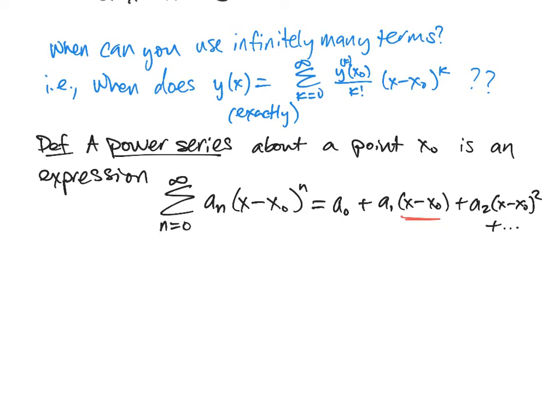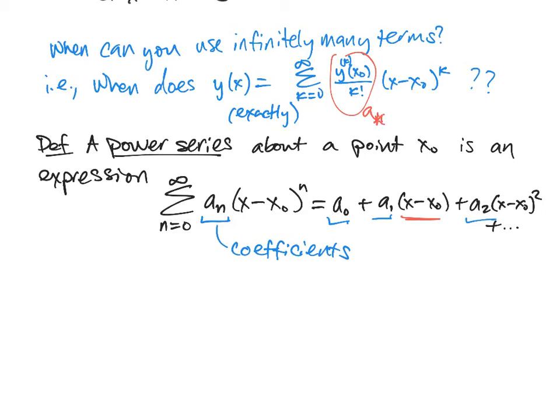And then we have our coefficients, these a_n or a naught, a1, a2, etc. If you look at the Taylor series we have drawn up here, this would be the a_n, or a_k in this case.